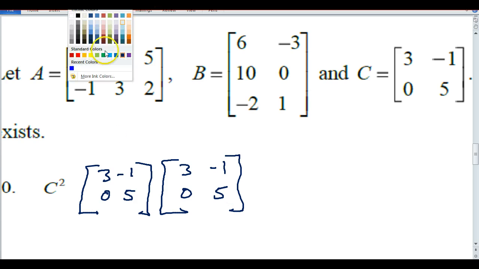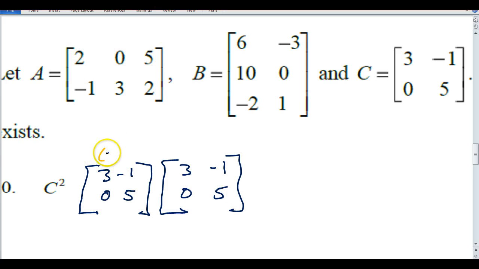We know that this is a 2 by 2 matrix, and this is a 2 by 2 matrix. Because of the inner dimensions, I know this is doable. Because of the outer dimensions, I know that this is going to be a 2 by 2 answer.